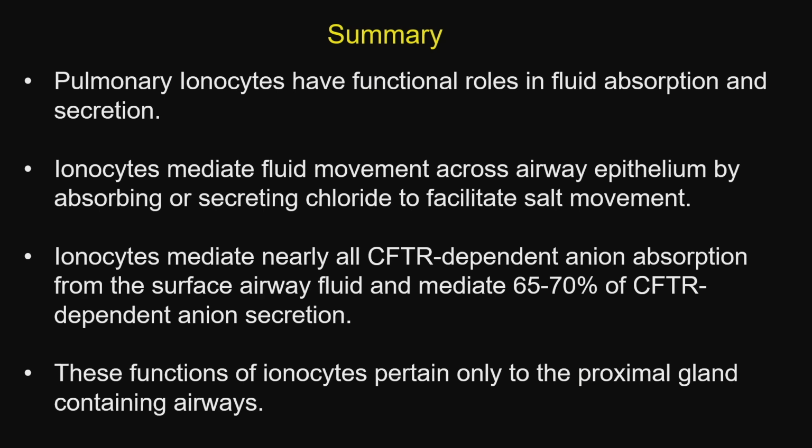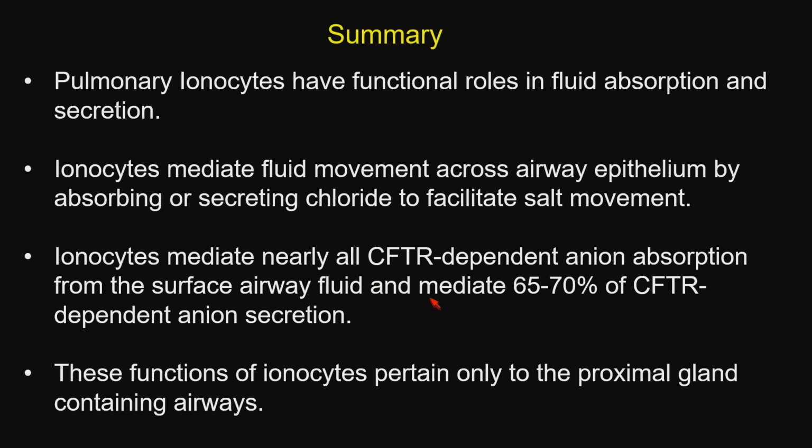So there are multiple pathways likely to regulate fluid homeostasis on the airway surface, and ionocytes, in our opinion, appear to be the acute regulators of that, probably linked to submucosal gland secretion that's throwing a boatload of fluid out onto the airway surface and has to be rapidly equilibrated to mediate clearance. So ionocytes, at least in culture conditions, mediate almost all the absorption of chloride.